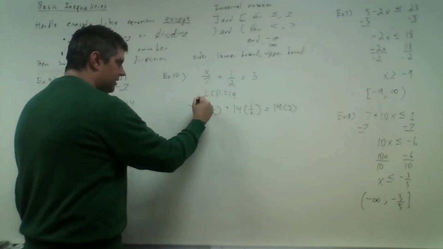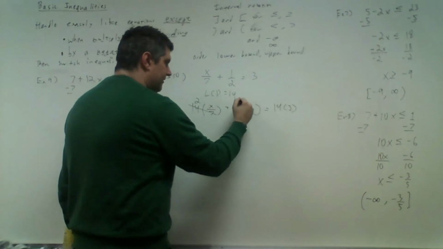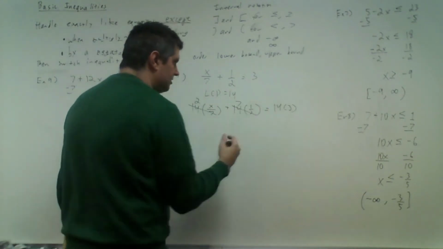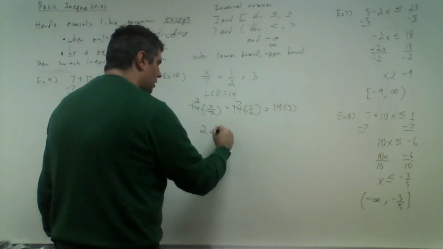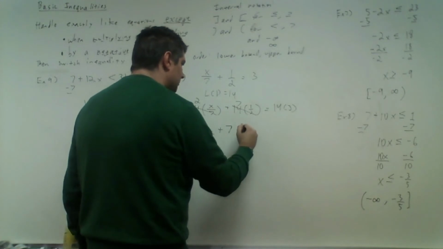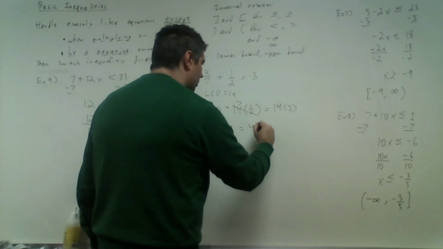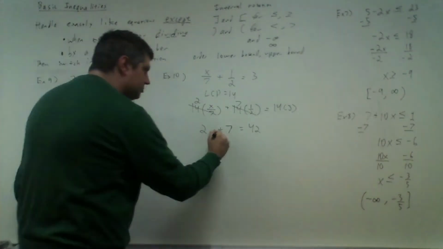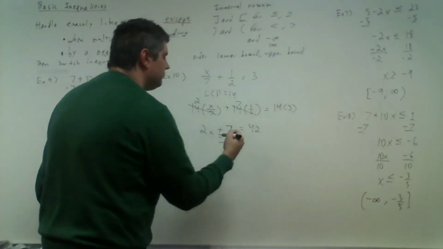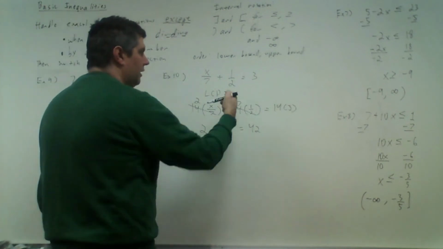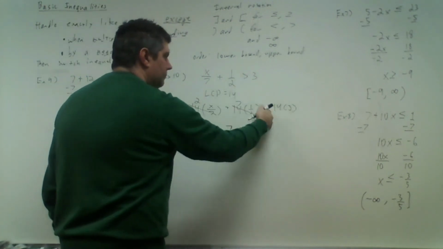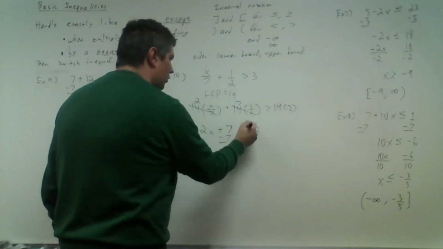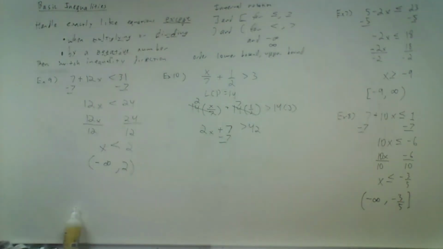Cancel, we have 2x plus 7 equals 42. Subtract your 7. I'm sorry, this is not an inequality. Greater than. Okay, now it's an inequality. So let me start all over again.